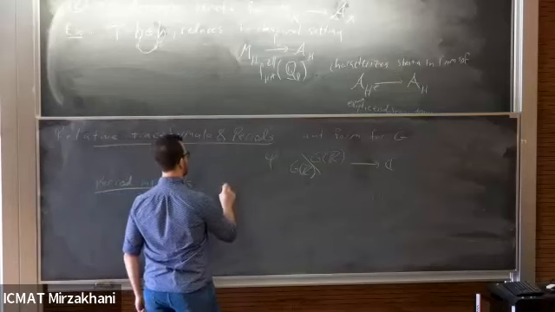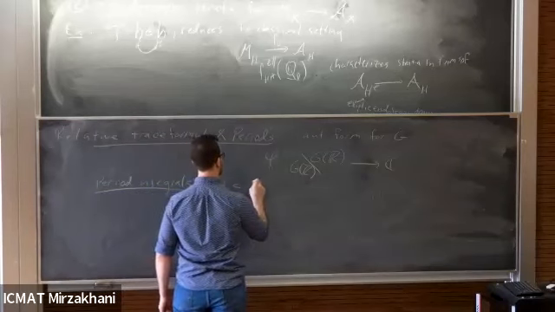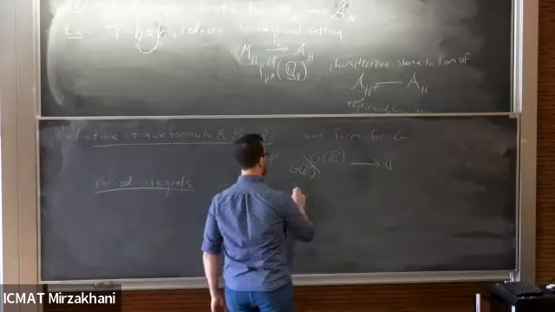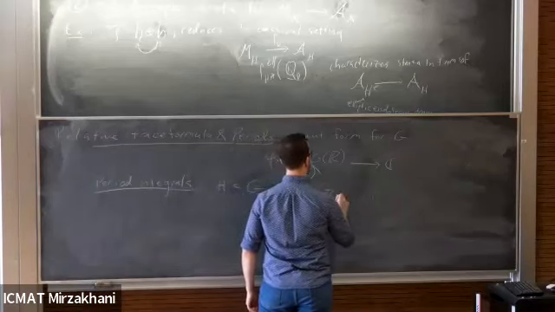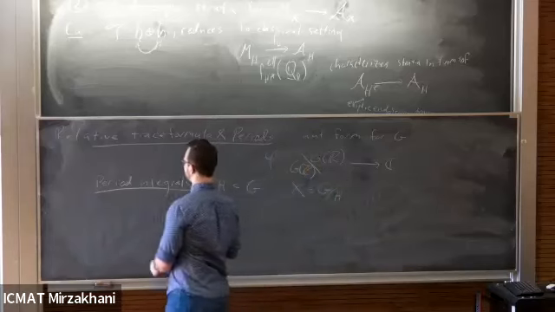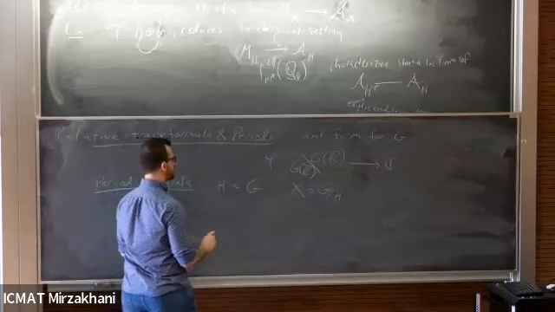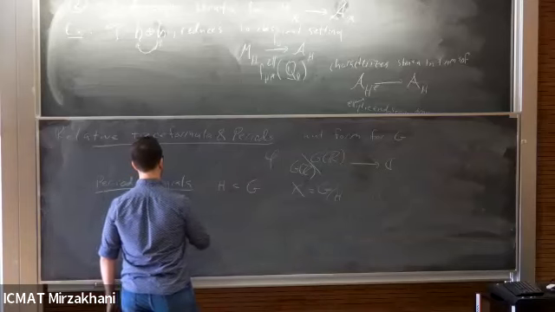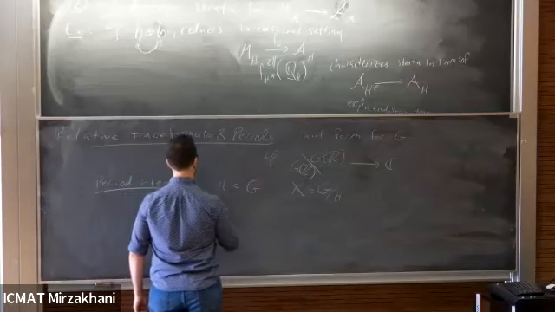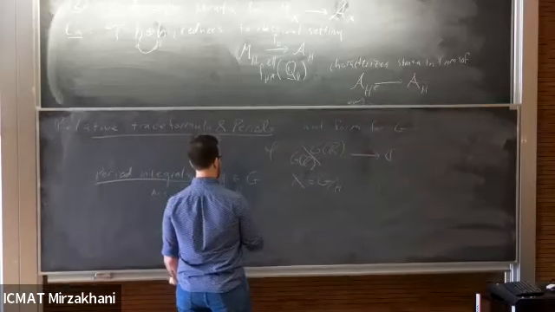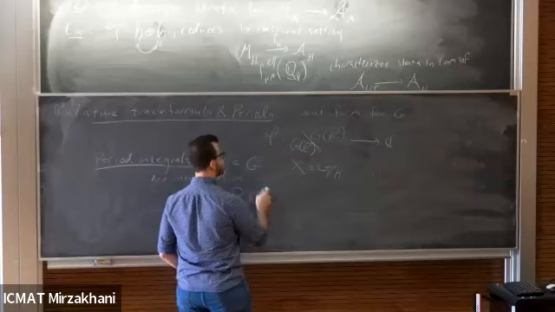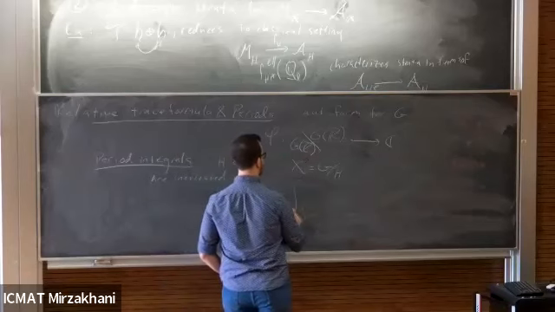And so here comes the subgroup H from the other board. Again, I have the notation X is G mod H. So what is the period integral? We are interested in, I'll call it P_H of phi, phi being my automorphic form.